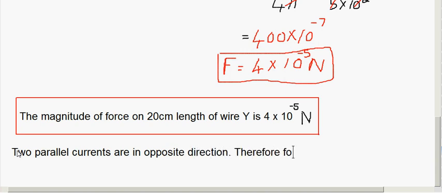Therefore, force is repulsive in nature.